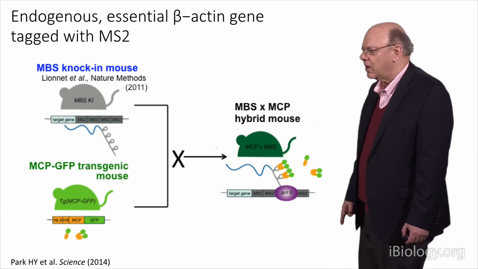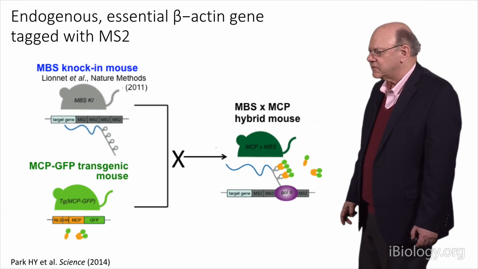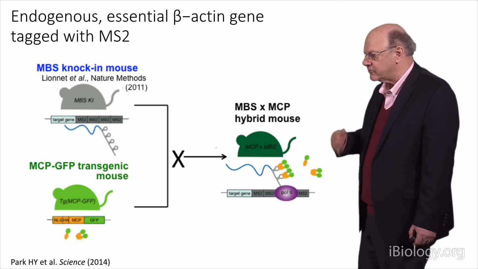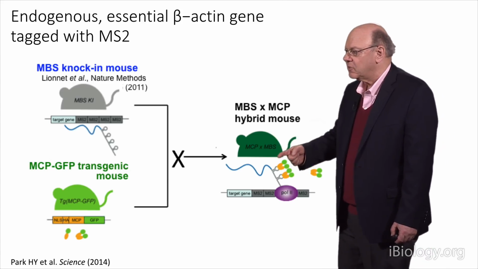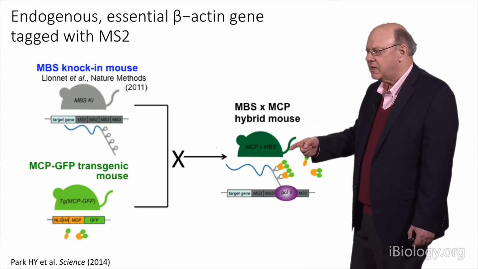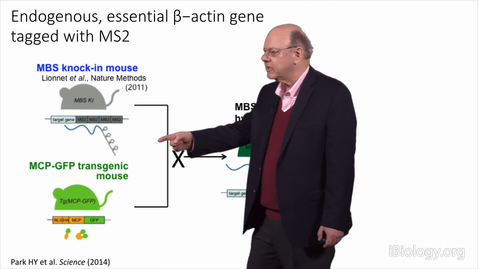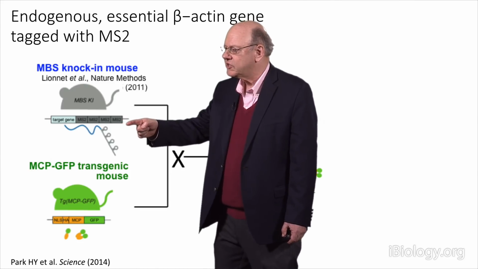And so one of the ways that we approached it was we thought, let's make a gene which we have tagged in the mouse, an endogenous gene. We tag it in the mouse by putting in MS2 sites directly into the gene itself. So this is the actin gene.